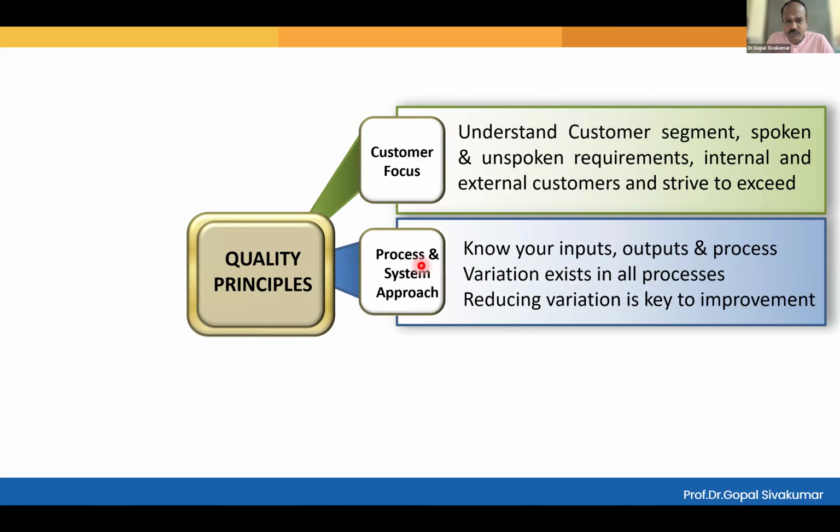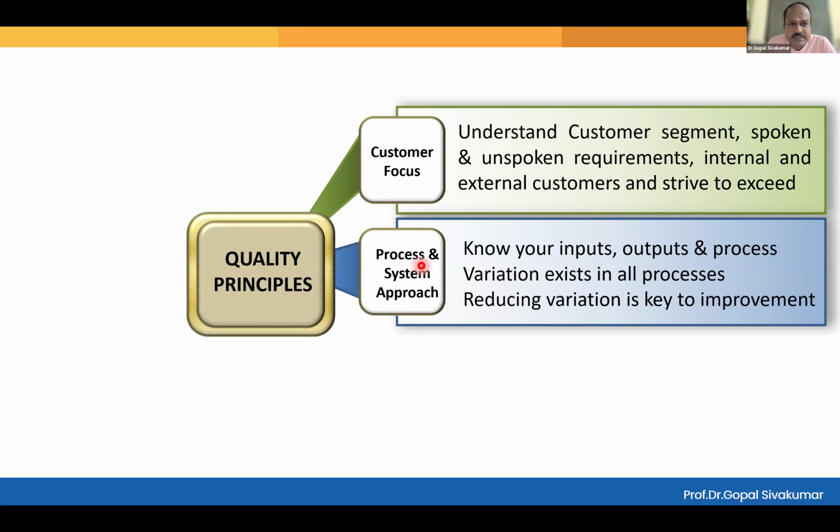And then the process and system approach. What is a system? Several elements together is a system. Yes or no? In fact, your processes are part of your system. Your process, your people, the technology, the machinery, the environment, the beliefs, what your company believes in, the culture and the environment that exists.